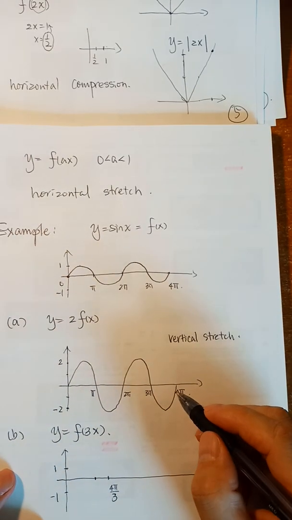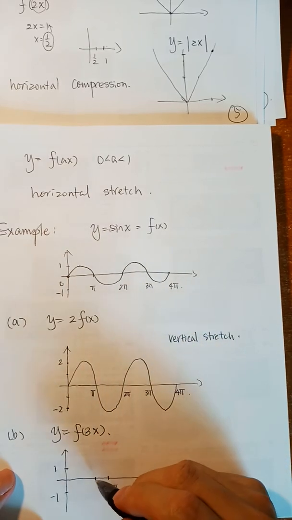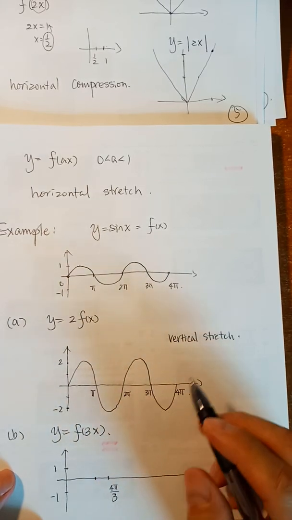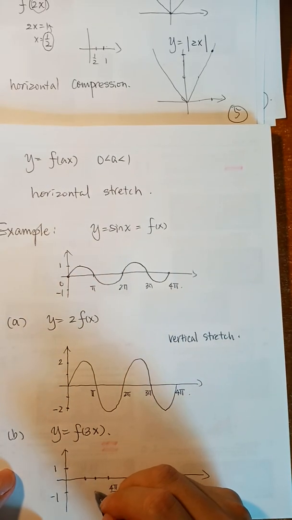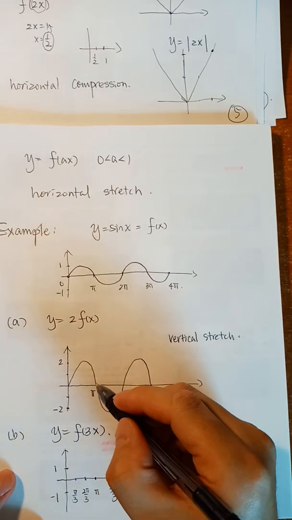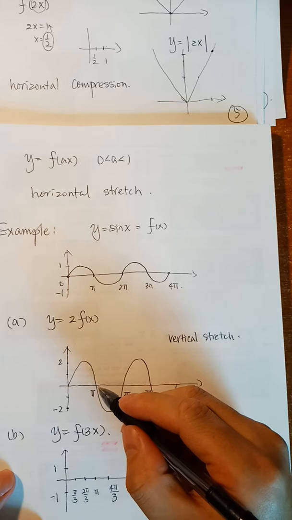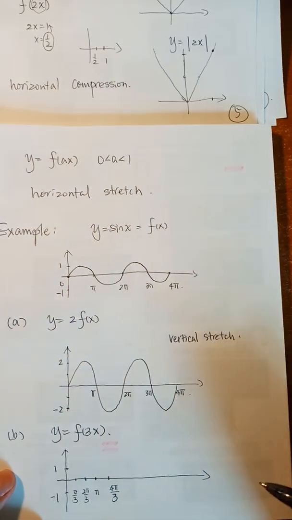When x is 4 pi over 3, it's like this. When x is pi, it's like 3 pi. When x is 2 pi over 3, this is pi, 2 pi over 3, and pi over 3. So you just divide everything by 3, because if you multiply it by 3, you will go back to those points.